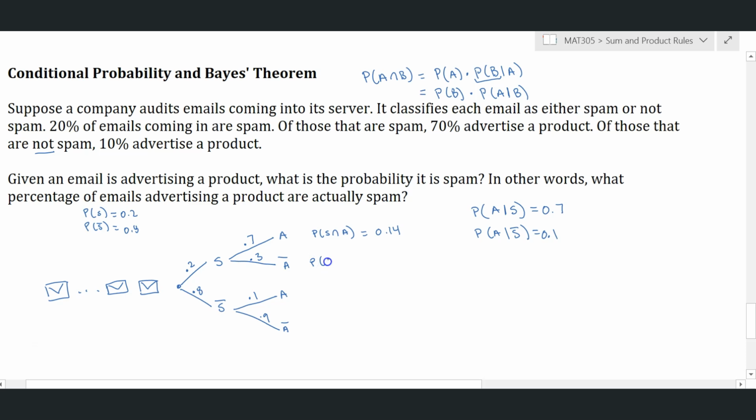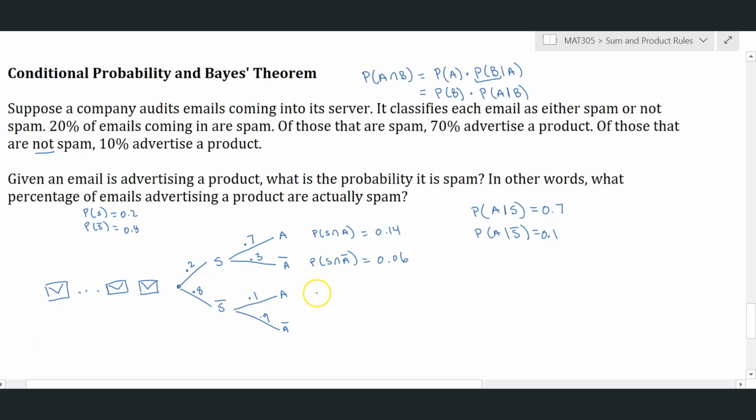The percentage of emails that are both spam and don't advertise anything would be 0.2 of 0.3, which would be 0.06. Notice those still add up to the 20%.